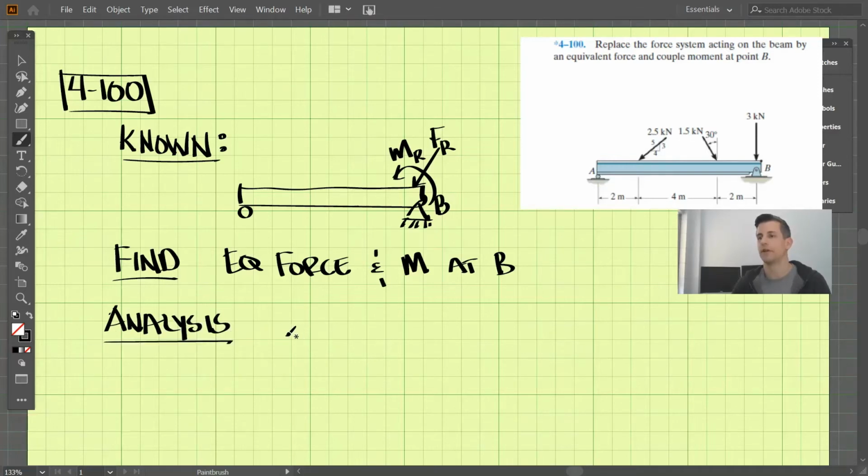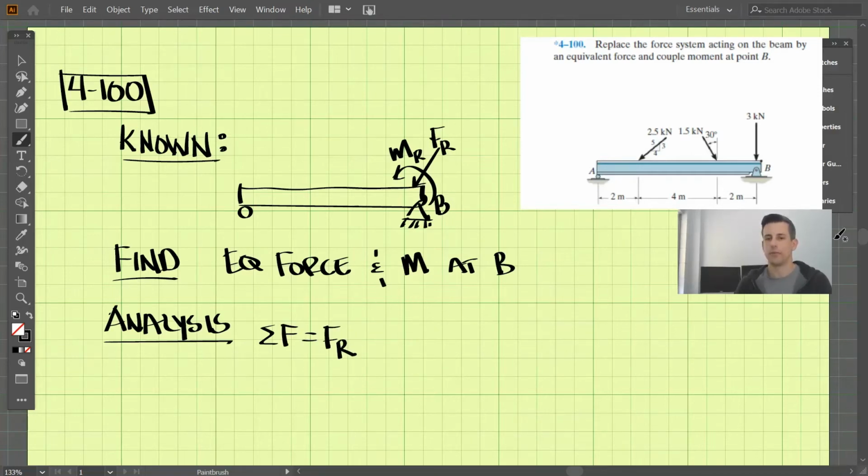So let's first tackle the equivalent force, the resultant force. To figure this out, we need to take the sum of the forces, and the sum of the forces will equal the resultant force.